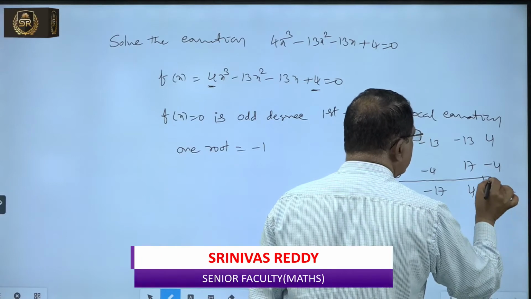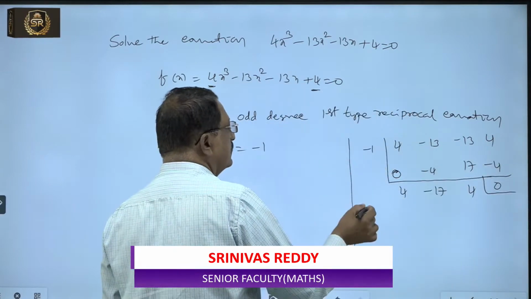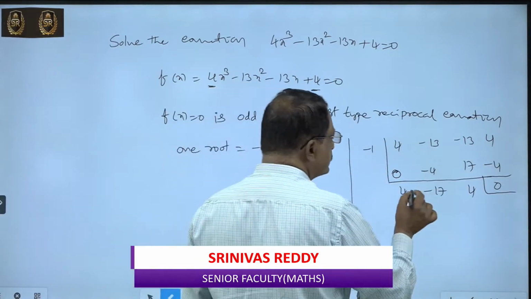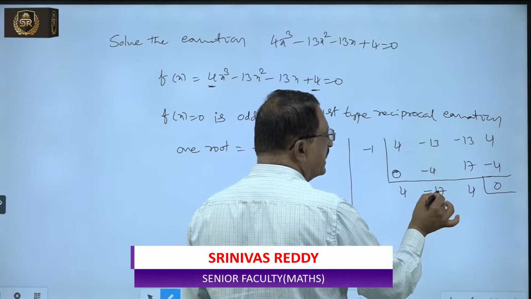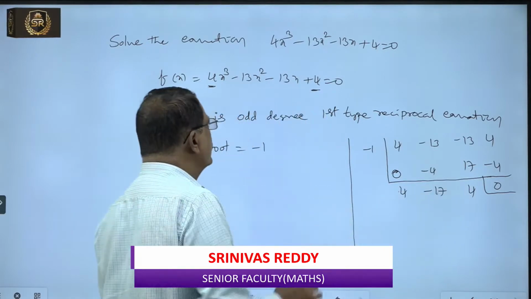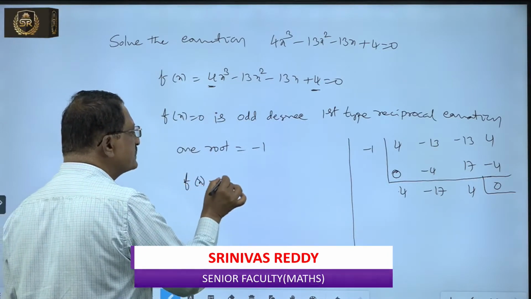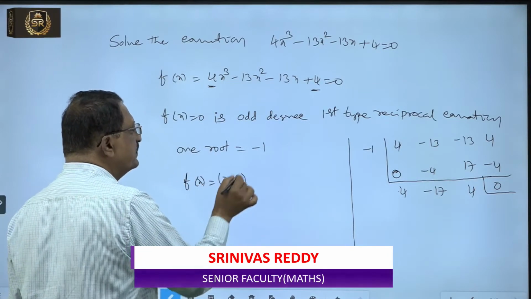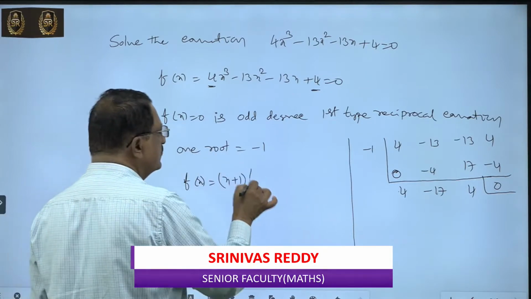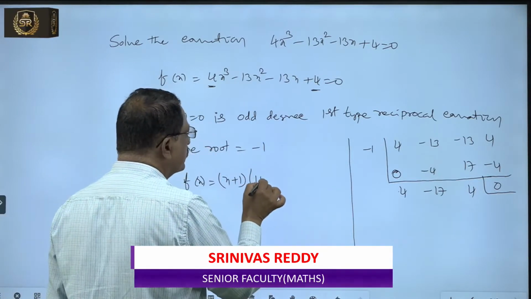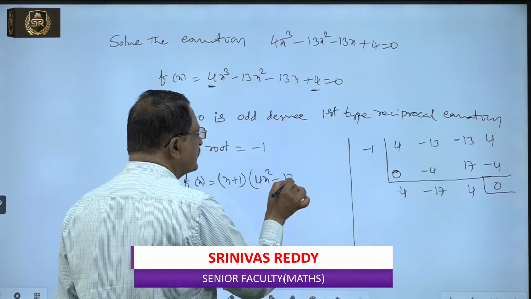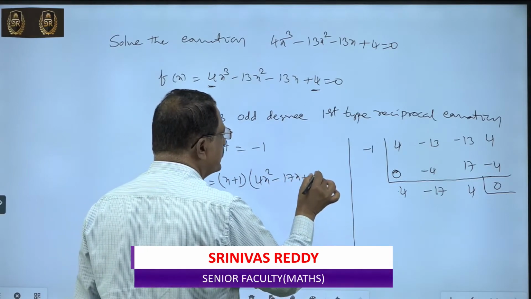Now the remainder is 0. The quotient is 4x square minus 17x plus 4. Therefore f of x equals x plus 1 into 4x square minus 17x plus 4 equals 0.